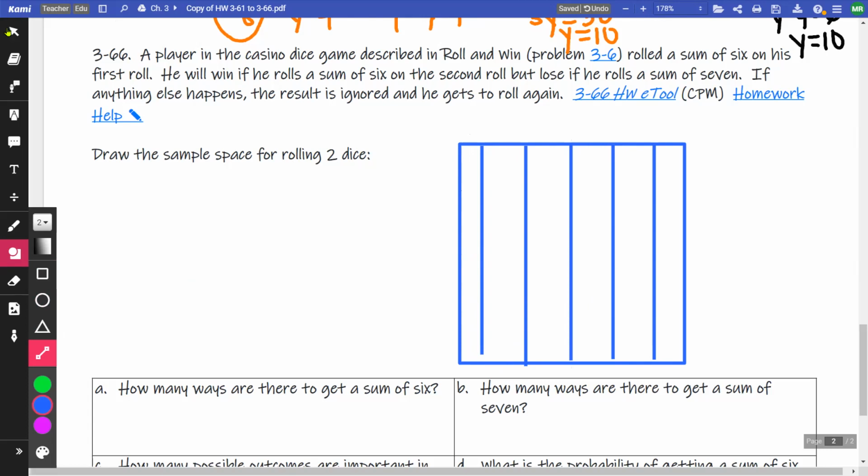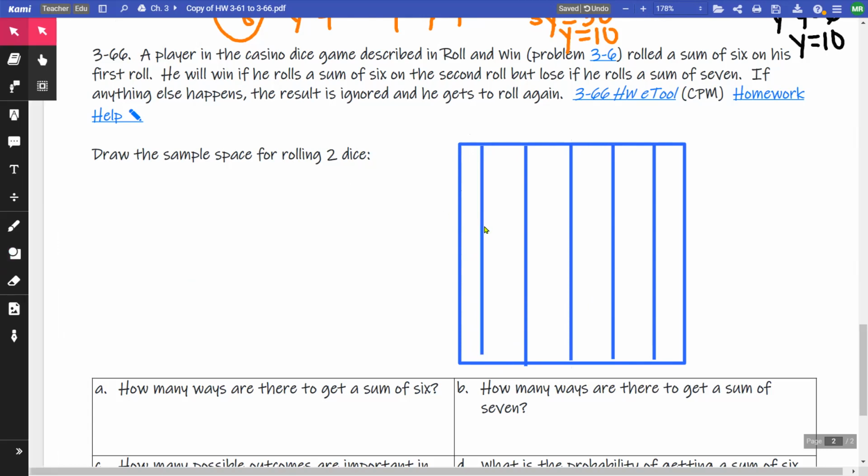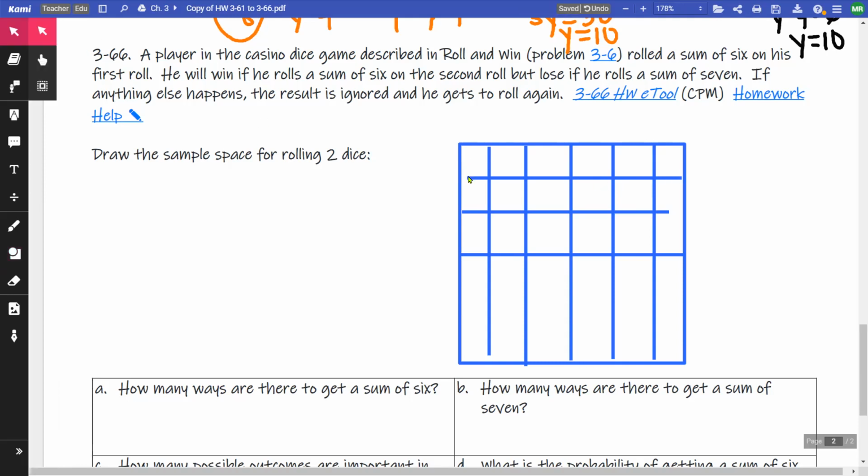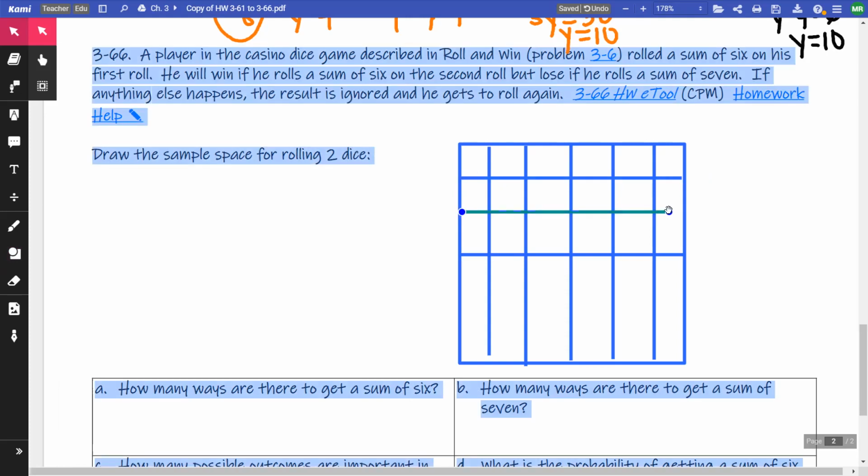I'm going to move this one over a little bit, give myself a little bit more space. Okay. And then I'm going to go across, split it in half because I'm trying to get a 6 by 6. And then I'll do 2 lines. Just expanding it a little.